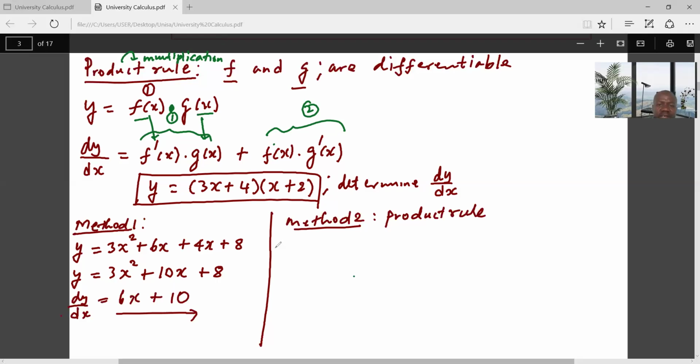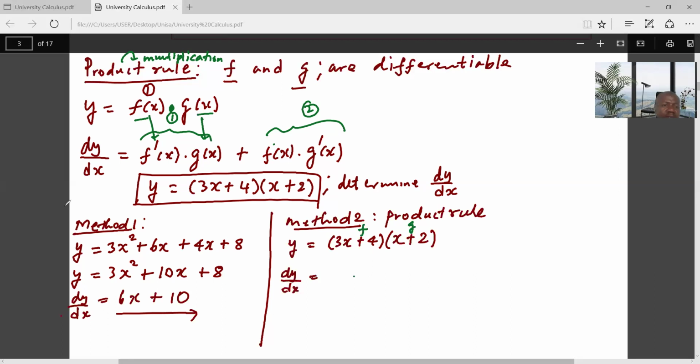Obviously, in terms of the product rule, we say we have y equals 3x plus 4 together with x plus 2. So you see that we have two functions which are multiplied by each other. Let's call the first one f and the second one g.